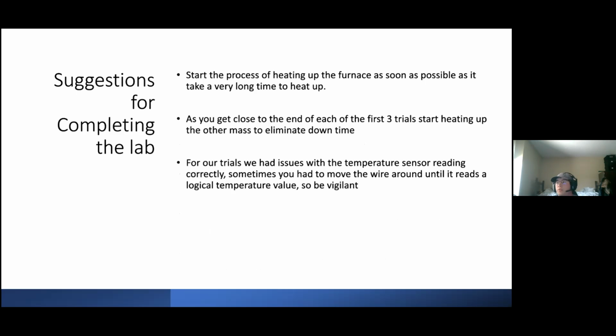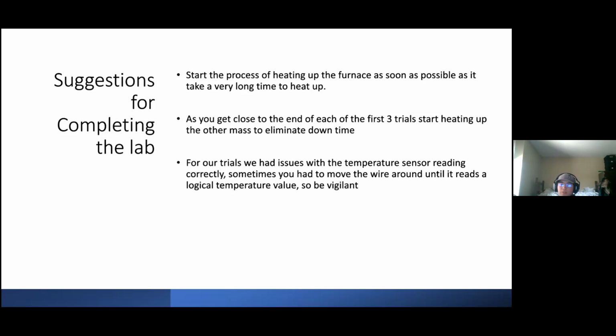So start up the furnace as soon as possible. When we entered the lab, we turned the temperature to max, but did not flip the switch. And so we ended up wasting 5 minutes on top of however long it took to heat up, because it takes like 15 to 20 minutes for it to reach a temperature where it could actually get the rod to the base starting temperature of over 500.